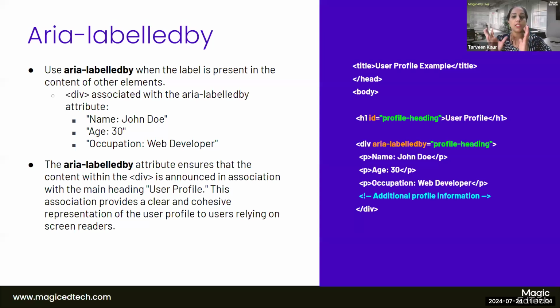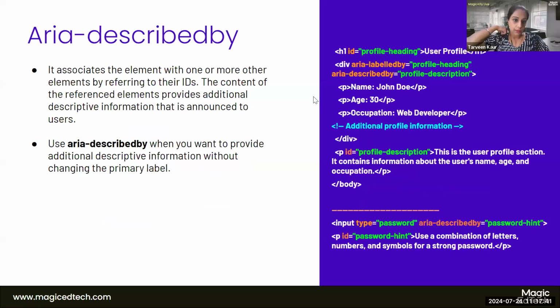Now what we have done is we have ARIA labeled as our profile heading, and then associated name, age, and occupation with ARIA labeled by, which gets easily read by a screen reader. He knows that I'm at user profile. User profile is associated, labeled as profile heading, and then all the required fields are associated to the user profile menu. It gives the information, representation, and relationship between the elements in the form field and the main header. Moving on to the next slide.